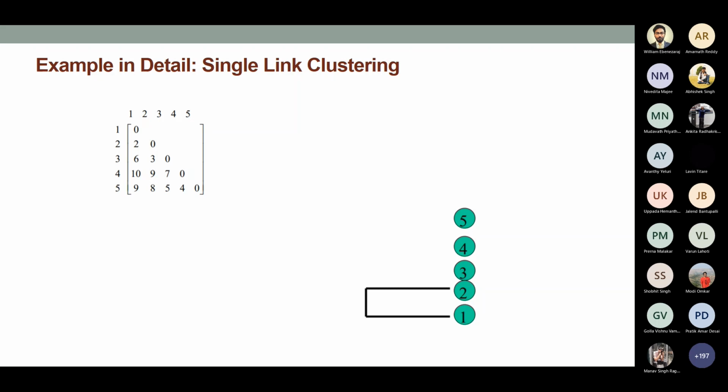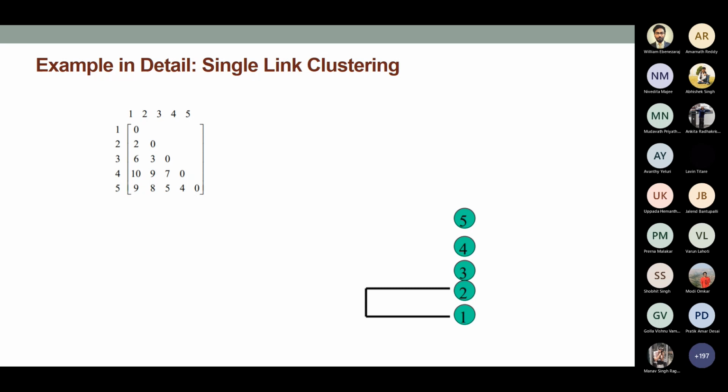Now I ask you this question: what will be the next merging step? Can somebody tell me? You are applying single link clustering technique. Make a representative for 1 and 2 and then recalculate the distances.